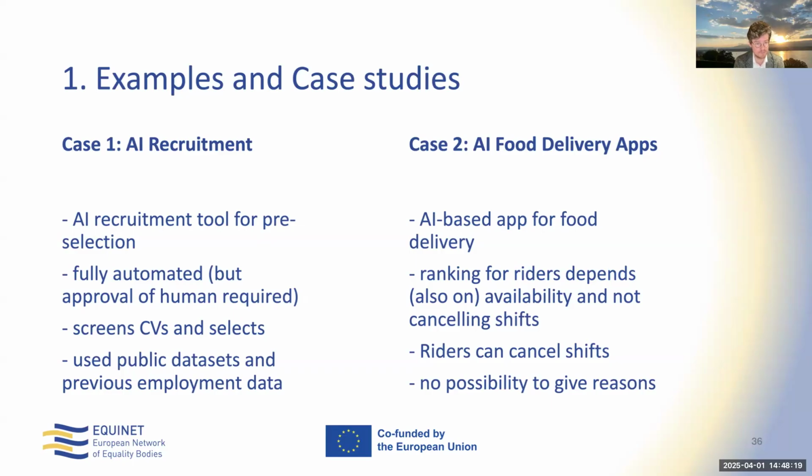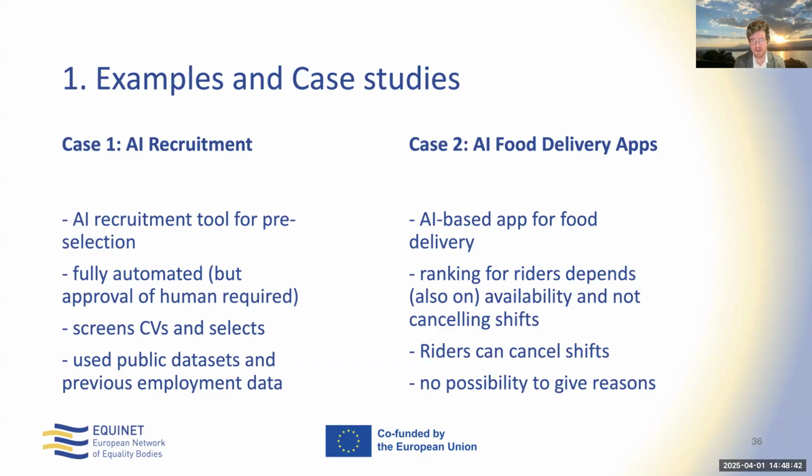How does that work specifically? The AI system uses publicly available data sets, with all the biases and stereotypes that are floating in the internet, and also previous employment data. Just for you to know, in this company, nearly only men were working. We're going to come back to the case, but that is the first case.